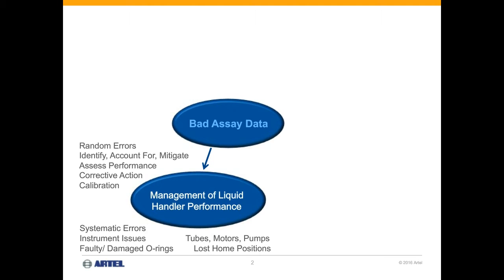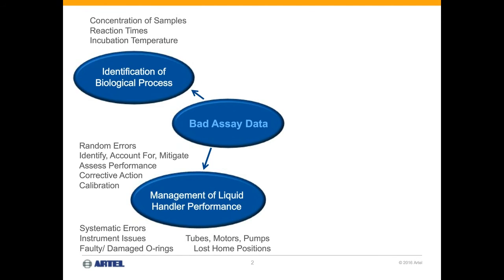Maybe your instrument has not been PM'd for a long time, the O-rings are bad, you have damaged mandrels, in some cases your pod can get off level, or you have tip loading issues. In the case of a Span-8 instrument, you can also have pumps, motors, tubes, lost home positions, or poor alignment of your liquid handler.